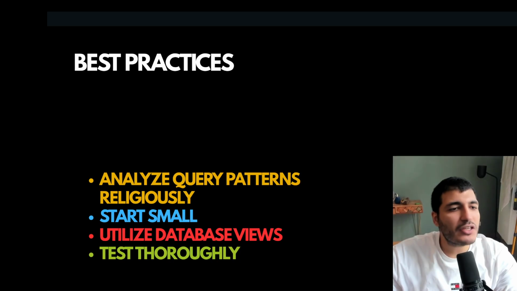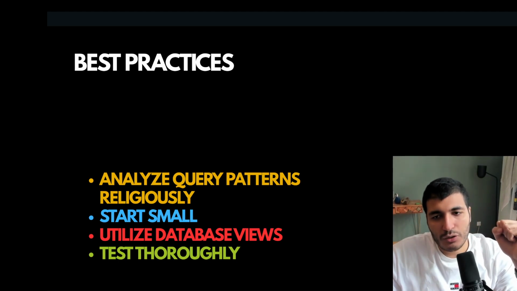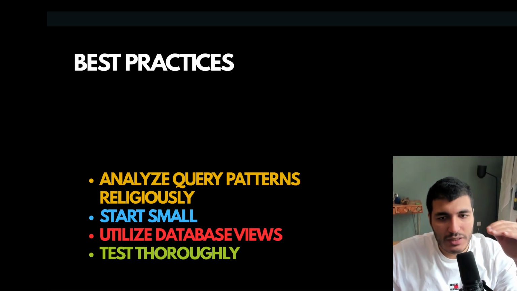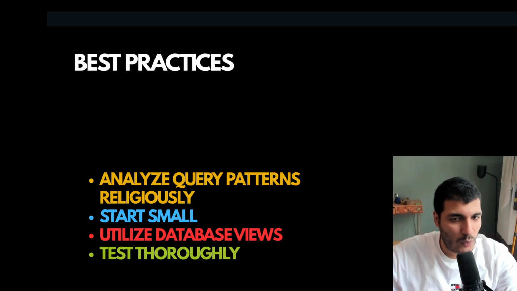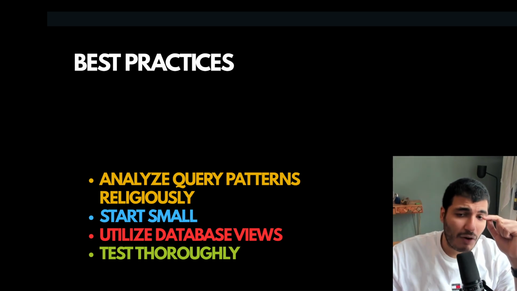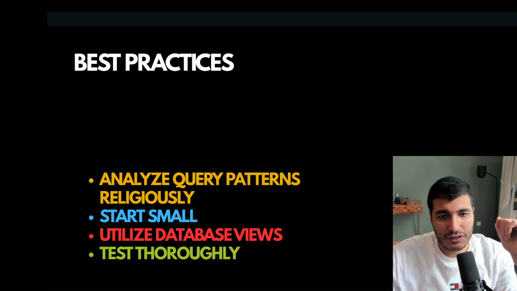And lastly, test thoroughly. Before fully deploying vertical partitioning in your production environment, conduct rigorous testing, evaluate its impact on query performance for both simple and complex queries, and thoroughly verify data consistency in a staging environment.